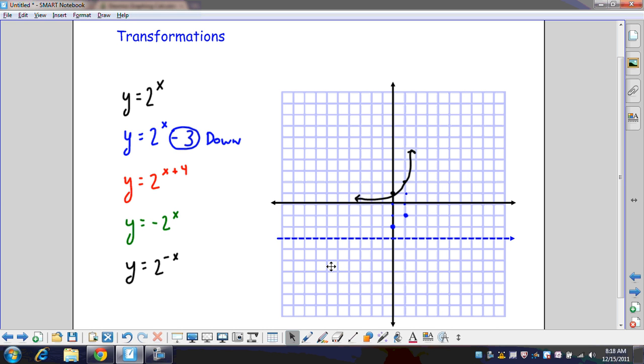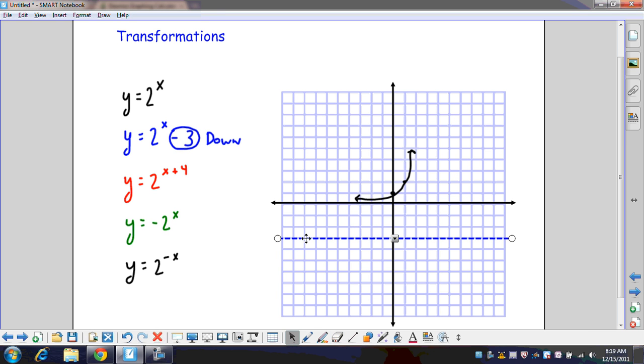So instead of the asymptote being on y equals 0, I have to move it down 3. So now it's right here. So now the asymptote is at y equals 3. Sorry, y equals negative 3, apologize. Now I'm just going to go ahead and draw in the curve, exactly like I had done with the original.